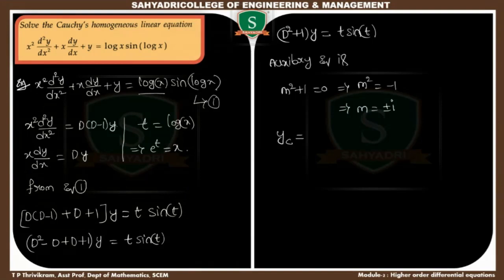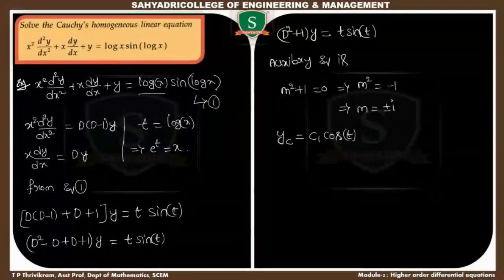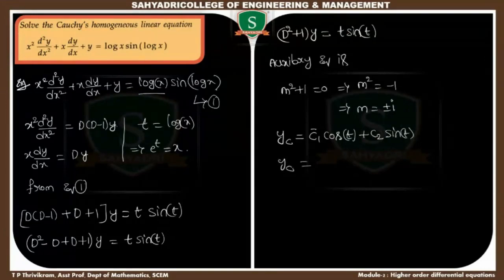C1 cos, here not x, it is t. Similarly C2 sin t, because we have converted the variable into t. So yc is equal to C1 cos t, the value is log x, plus C2 sin log x.